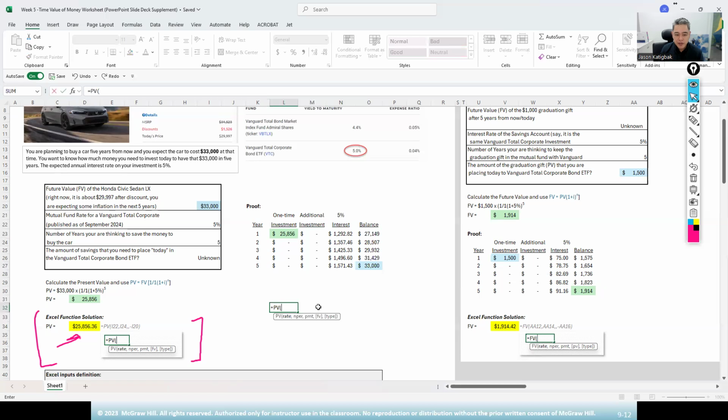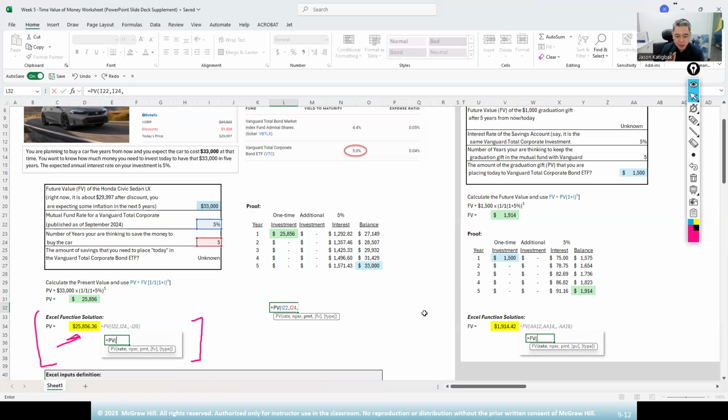Then open it. It's asking for the rate, 5%, comma. It's asking for NPER. I can click and highlight it, and it shows NPER, which is the number of periods. So I'm going to enter 5.